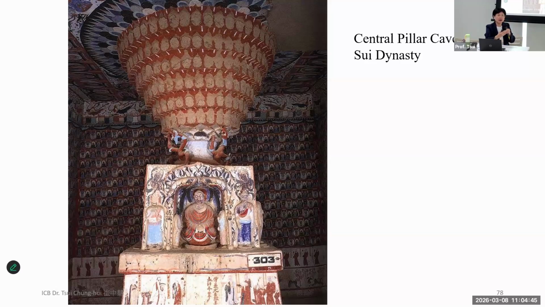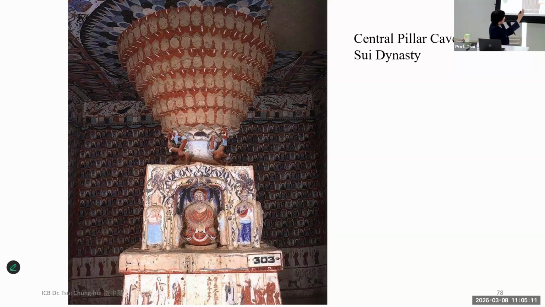Sumeru Mountain is a concept of Buddhist cosmology, one world. Sumeru Mountain is also equivalent to the shape of the stupa. The stupa is a shape and a symbol of the world, and Sumeru Mountain is also a symbol of the world.